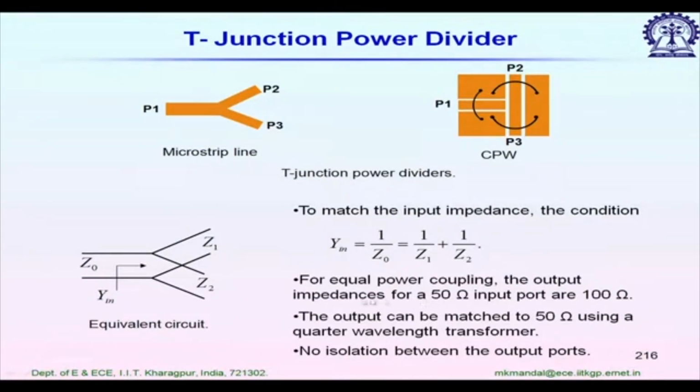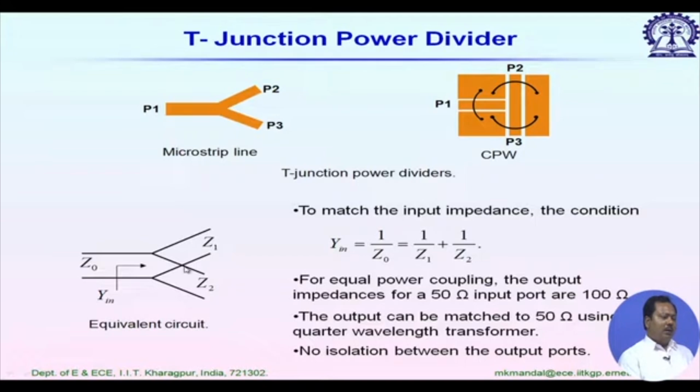So for 50 ohm systems, the characteristic impedance of the transformers comes to square root of 50 times 100, approximately 70.71 ohm. The length at a given operating frequency, let us say 60 gigahertz, should be lambda g by 4, where lambda g is the guided wavelength.